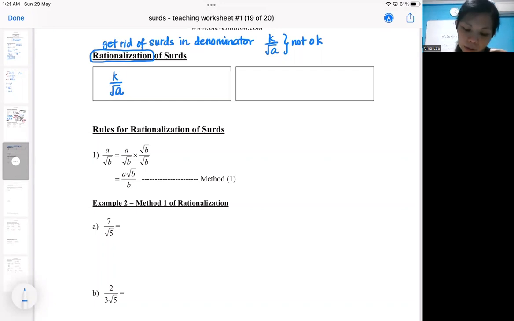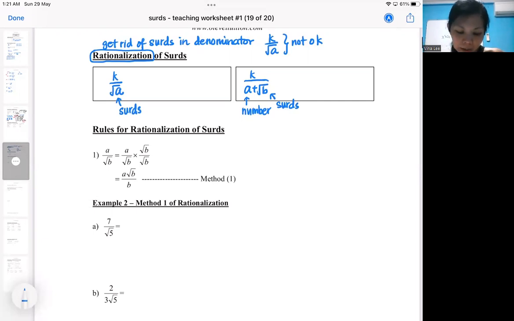The second situation is the surds is mixed with a whole number. So there is a number mixed with the surds. So here, this is just a surds situation. So under these two situations, you will need to rationalize.